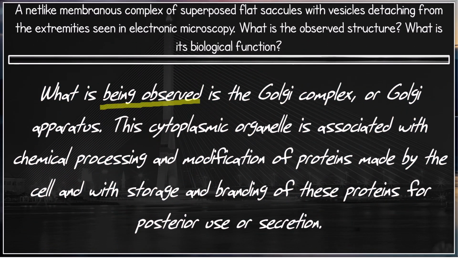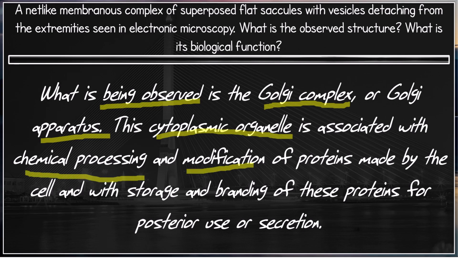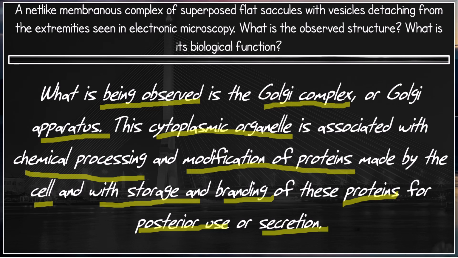What is being observed is the Golgi complex or the Golgi apparatus. This cytoplasmic organelle is associated with chemical processing and modification of proteins made by the cell, and with the storage and branding of these proteins for posterior use and secretion.